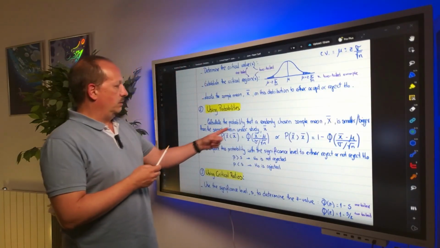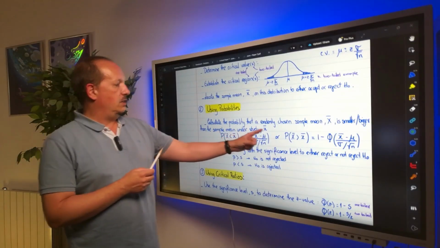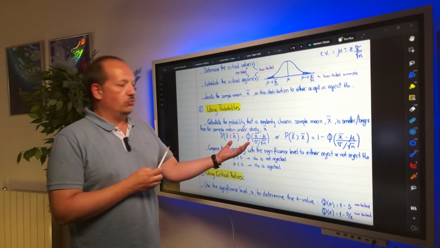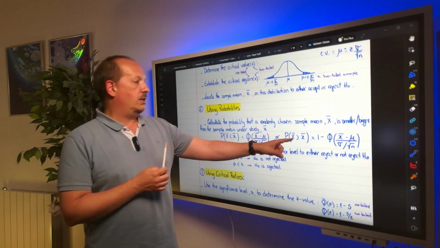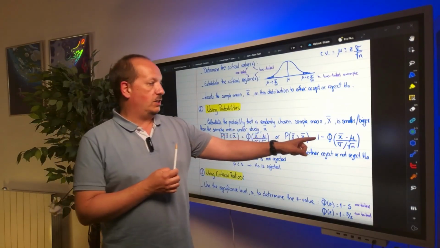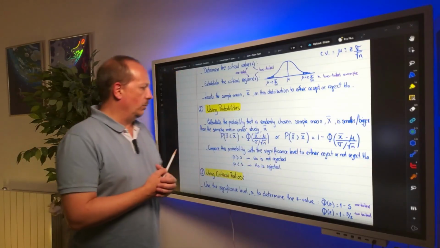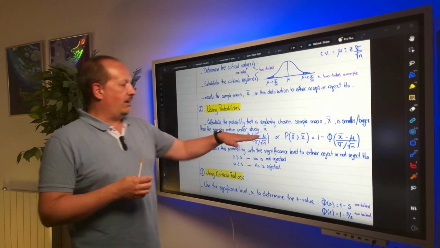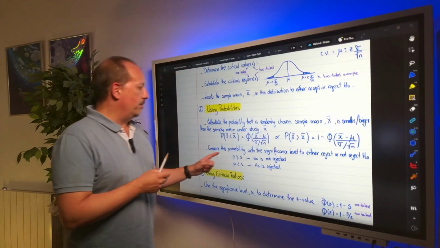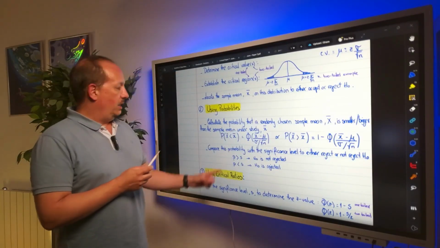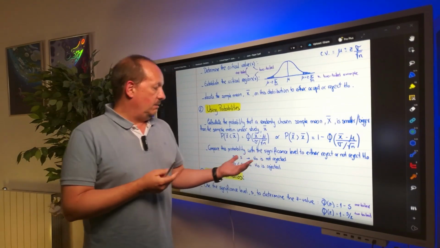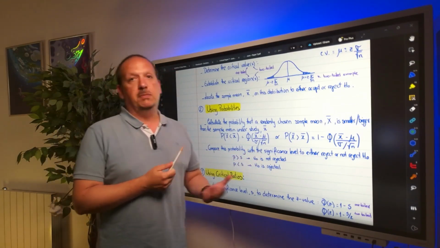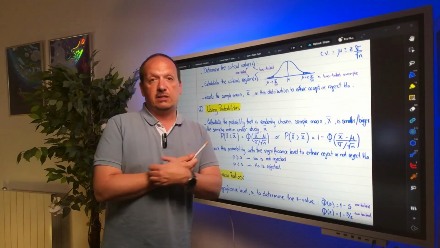If it is smaller, you are going to calculate the probability using, well, the way that you know since last year, using the normal distribution. And if it is bigger, you just do 1 minus that. You already know that, okay? And once you have a number over here, you are going to compare with the significance level. If the probability is bigger than the significance level, then H0 must not be rejected.